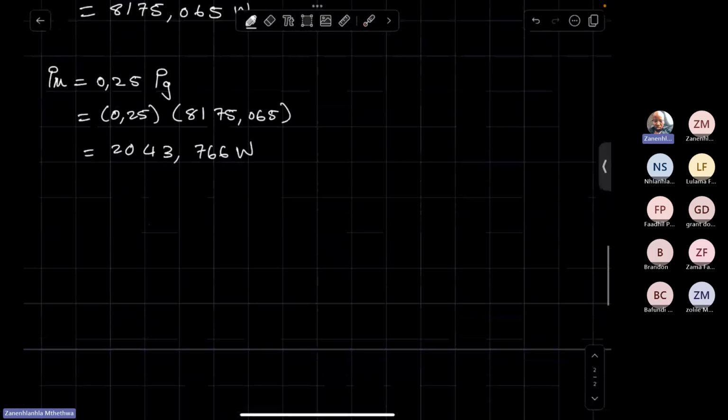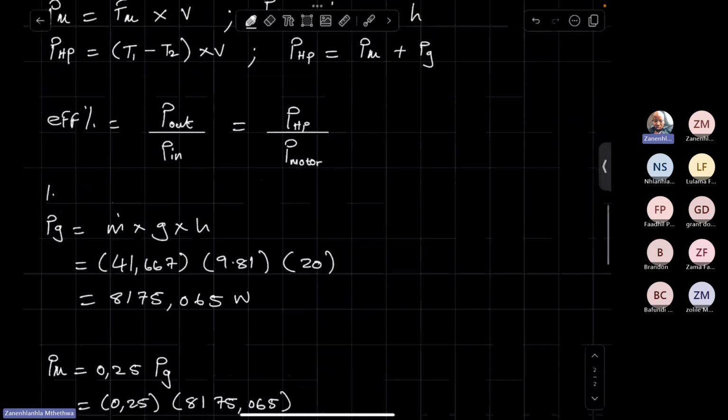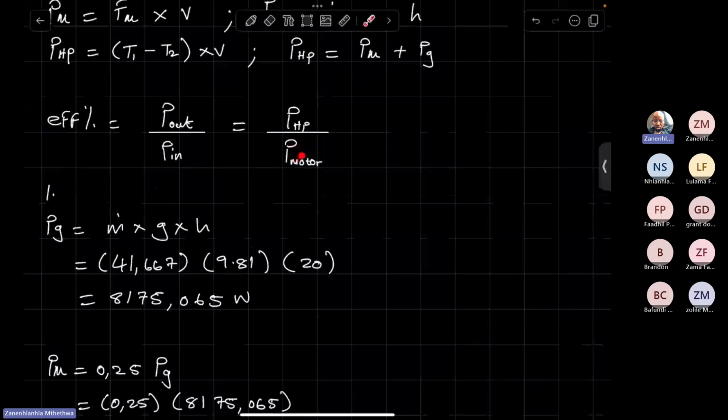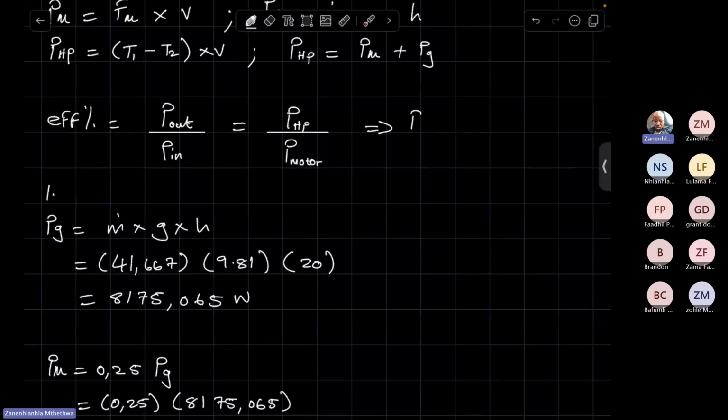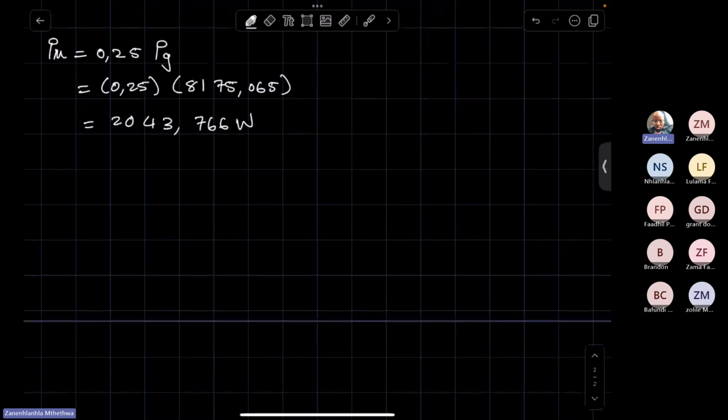To save time, you can simply, because remember, to calculate the power of the motor, you simply manipulate this equation here. In manipulating this equation, the power of the motor will be equal to the power of the head pulley divided by the efficiency.